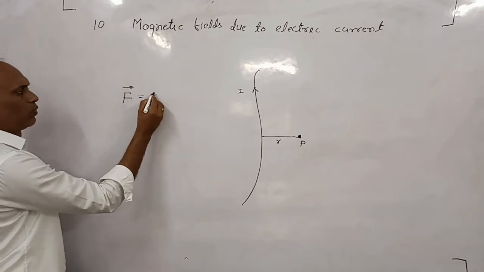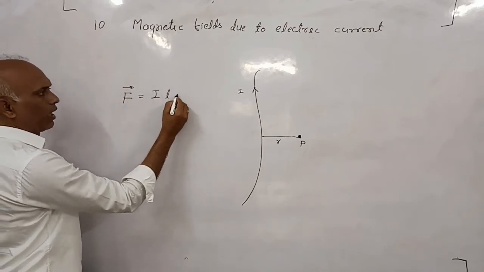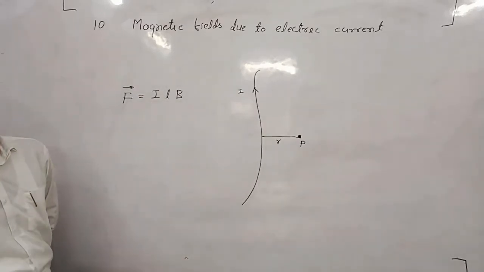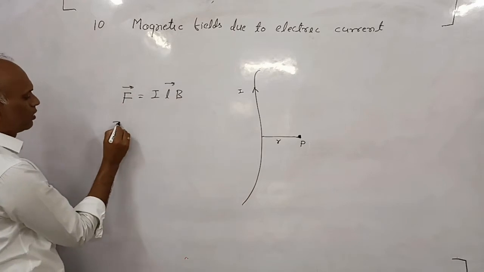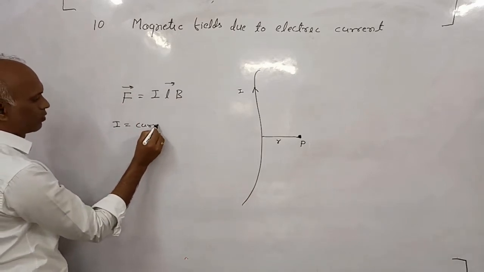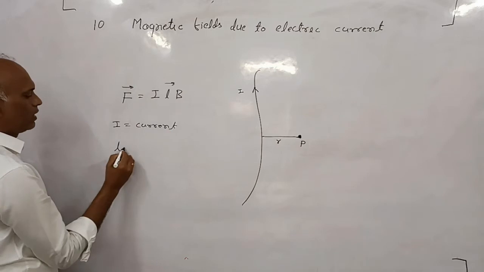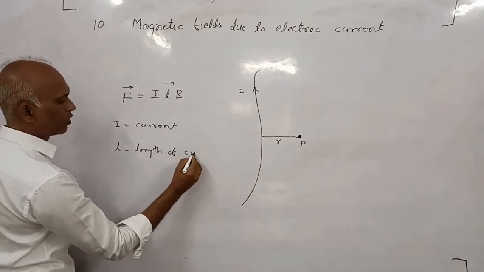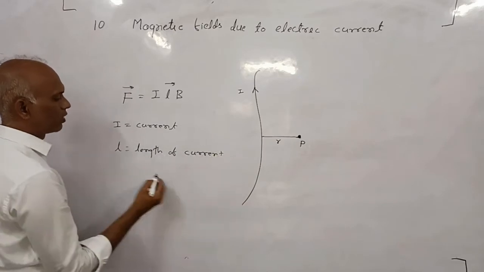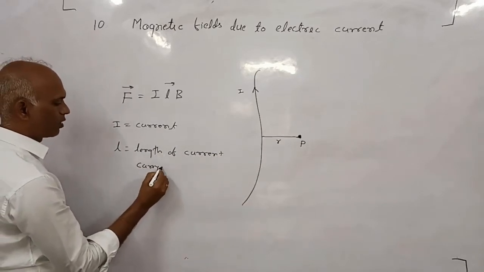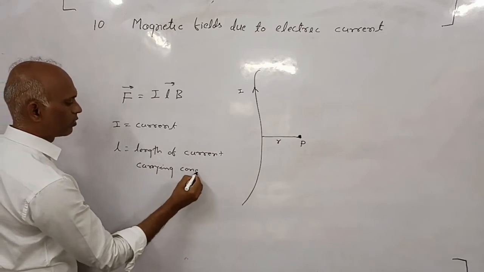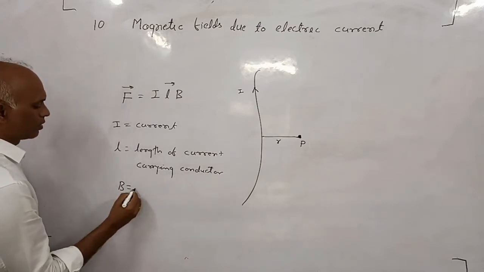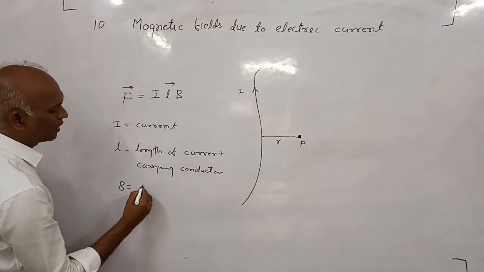F is equal to I L B, where I is the current, L is the length of the current carrying conductor, and B is the strength of the magnetic field.